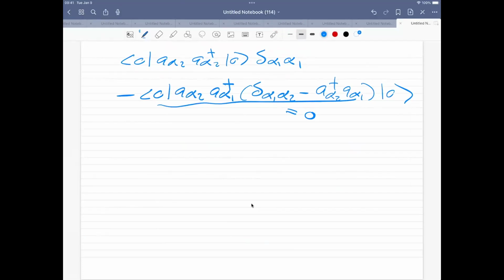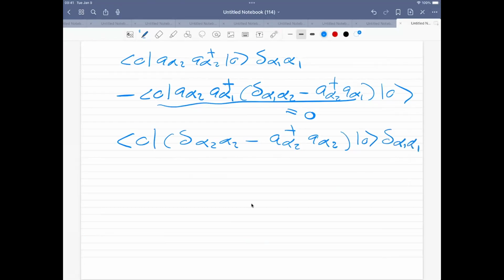So if we look at this first term, we are going to get 0, and then we are going to get a delta alpha 2 minus an A alpha 2 dagger of A alpha 2 acting on 0 times delta alpha 1, alpha 1. And now we have one term here where we have the annihilation operator to the right, so that deletes that state. So this is what we would have expected, delta alpha 2 times delta alpha 1, alpha 1.